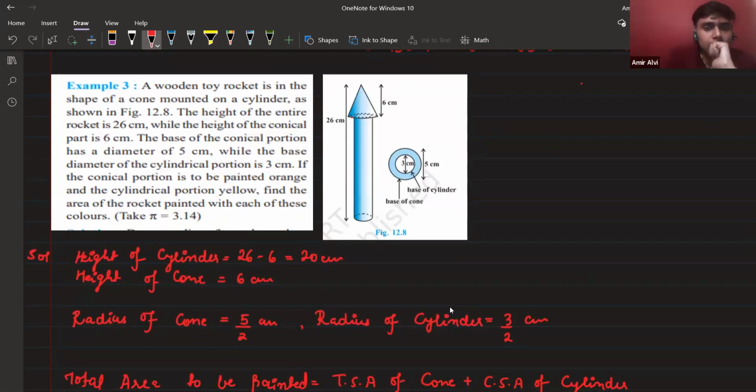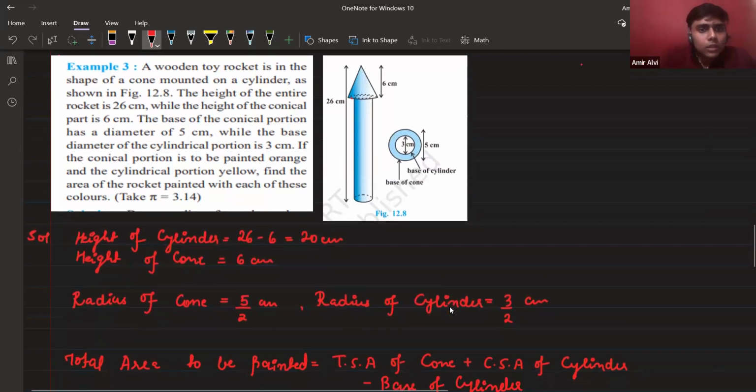Just give me a second. The total area of the wooden block is to be... Just a second.